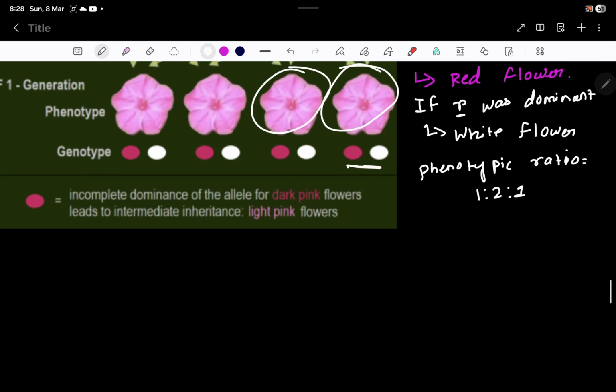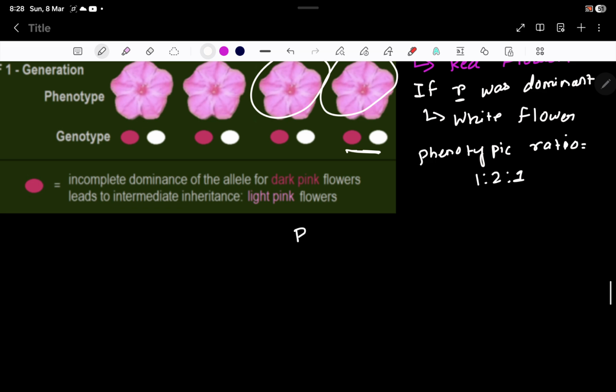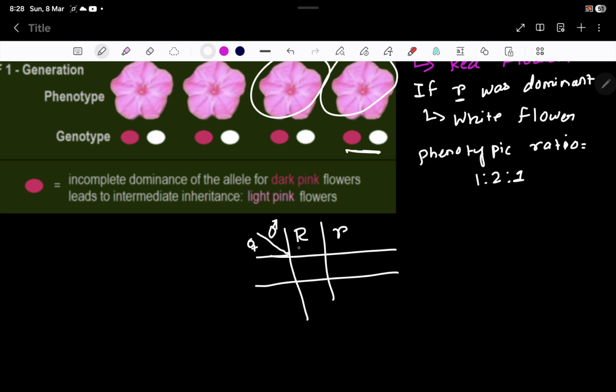Suppose you self cross it. Upon self crossing, what happens? Capital R and small r are the gametes, and this is capital R and small r again. So we get capital R capital R, capital R small r, capital R small r, small r small r.